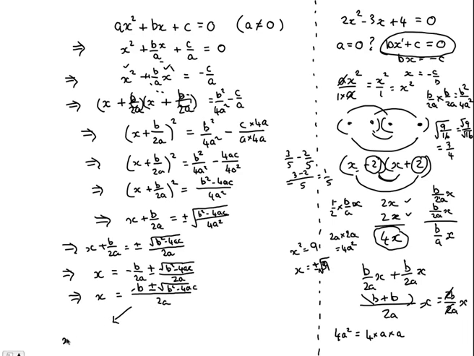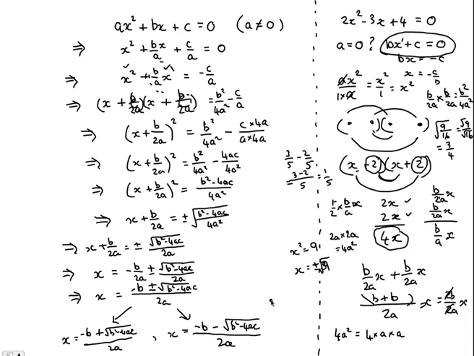One of them is minus b plus the square root of b squared minus 4ac, and the whole thing divided by 2a. And the other one is x equals minus b minus the square root of b squared minus 4ac, and that whole thing divided by 2a. So there are your two solutions to this quadratic equation.